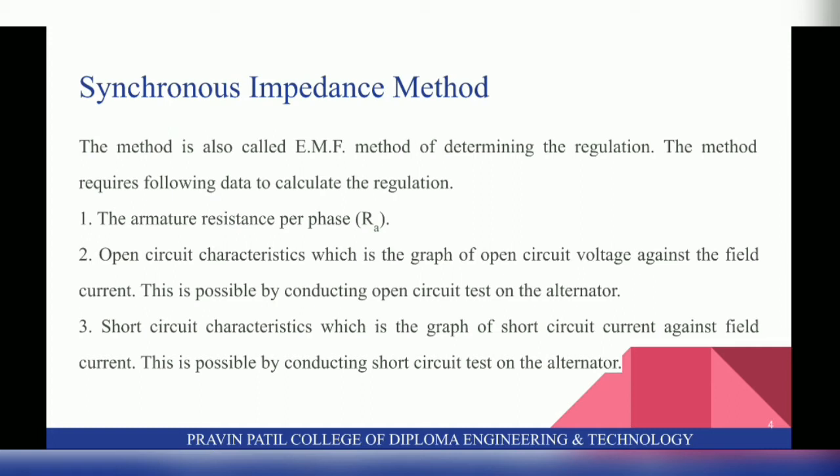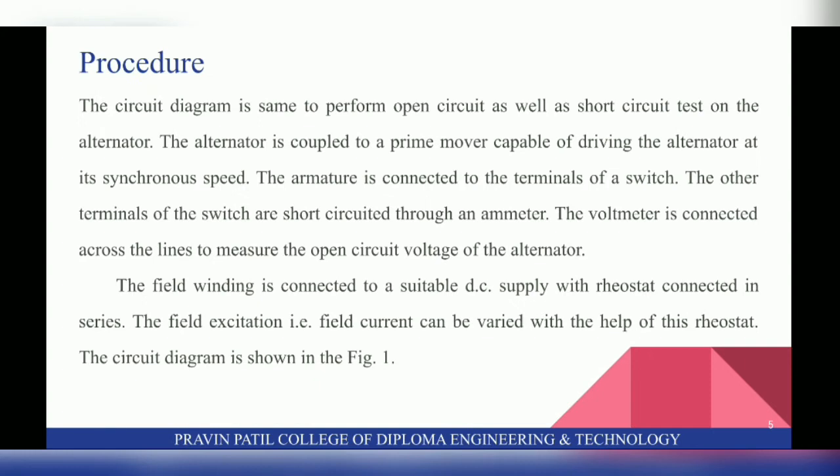So for synchronous impedance method, two tests are carried out. The first is open circuit test and second is short circuit test. Procedure. The circuit diagram is same to perform open circuit as well as short circuit test on the alternator. The alternator is coupled to a prime mover capable of driving the alternator at its synchronous speed. The armature is connected to the terminals of a switch.